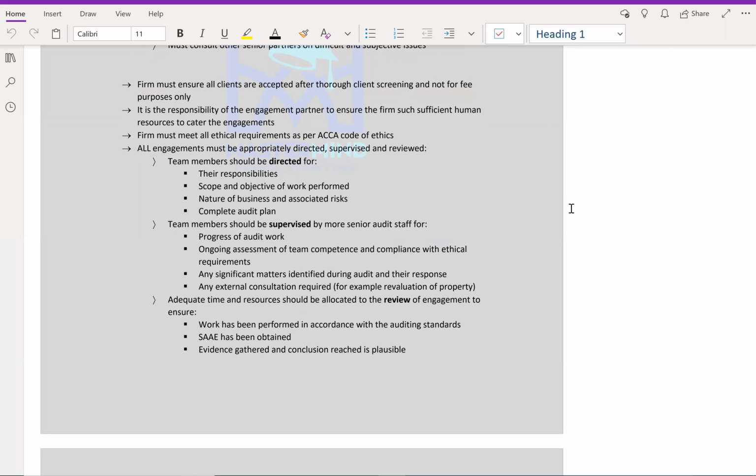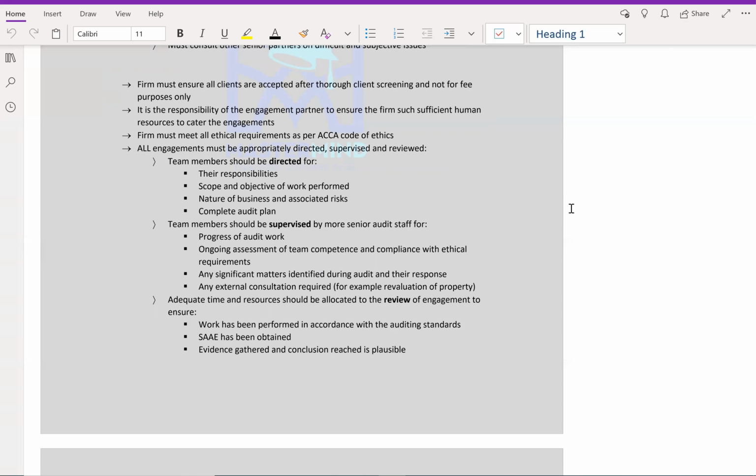If you don't set the direction, the team members won't be able to identify their tasks and their responsibilities. So it's very important for you to set a direction as a partner or as a senior. Team members should be supervised by more senior audit staff, for example the audit manager: progress of audit work, how much have you done, in what amount of time, have you gathered the required evidence, ongoing assessment of team competence and compliance with ethical requirements.